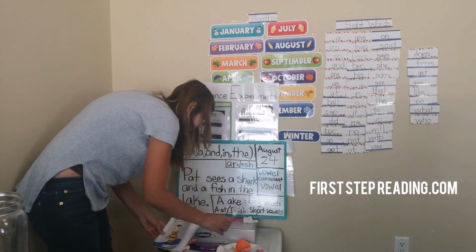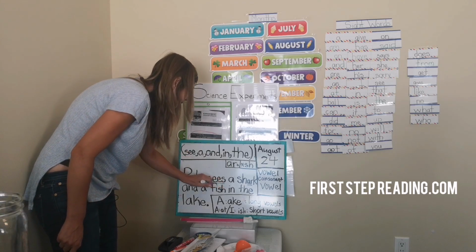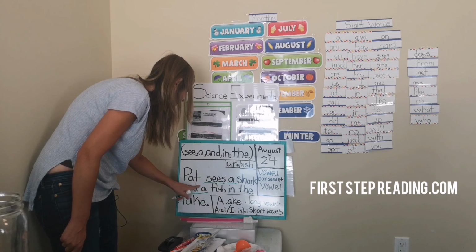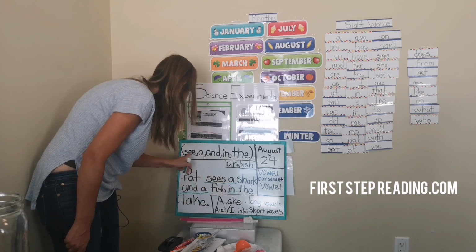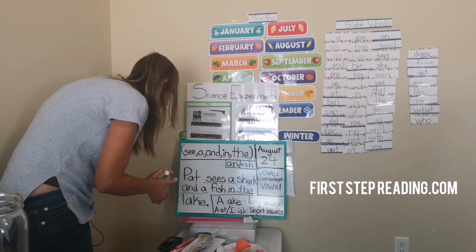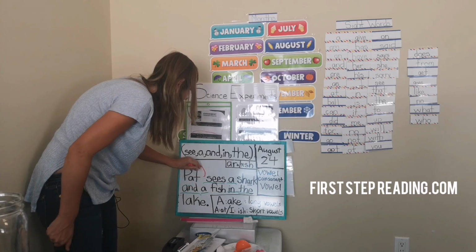Those are some irregulars. Our sight words are the words you have to memorize. We should already know these, so I'm going to underline them because I should know these by heart. I have see, a, and, in, and the. The other words I'm going to circle because they're my phonics words. They're the words I have to sound out.